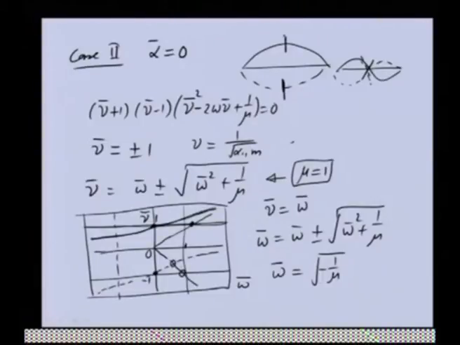The solution I am talking about is the intersection of this curve and this line. Because it is coming imaginary, it will never intersect. So we will have 4 critical speeds: 1 this one, 2, 3, and the 4th will not be a feasible one. This will be more clear once we plot the frequency for the general case.